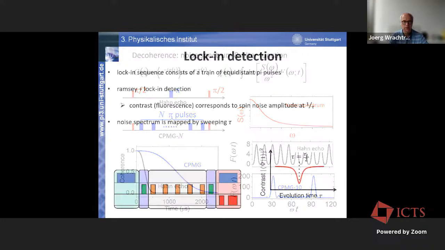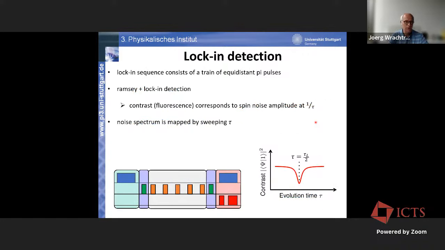All right. So let's see how we actually do the experiment. A rough sketch is shown down here. I guess we don't need to go into the details. The important thing is that this block of orange squares is a sequence of these pi pulses, the Fourier transformation of which constitutes this filter function.